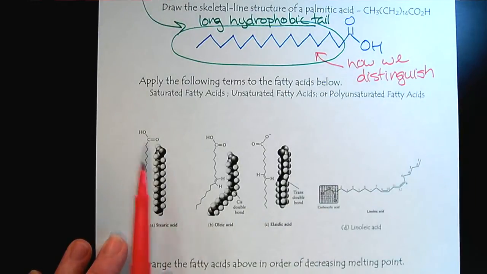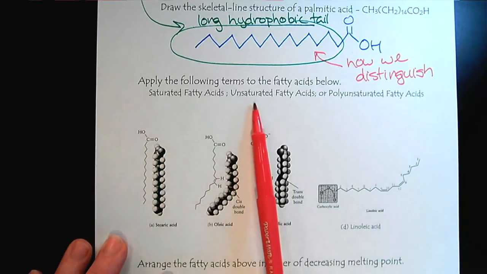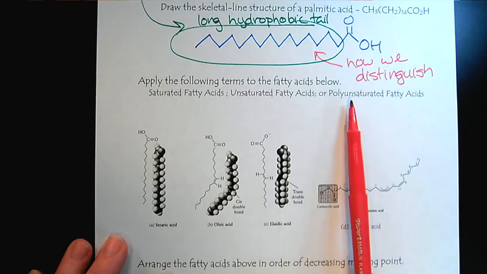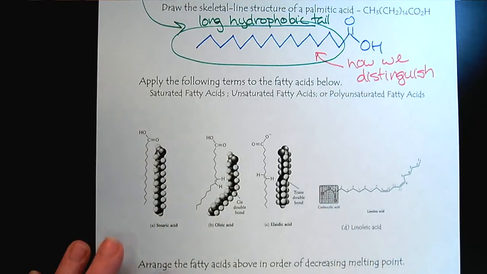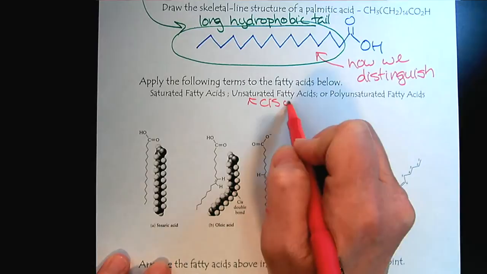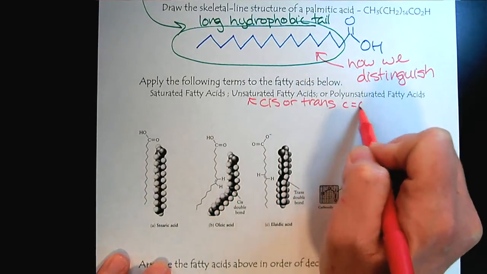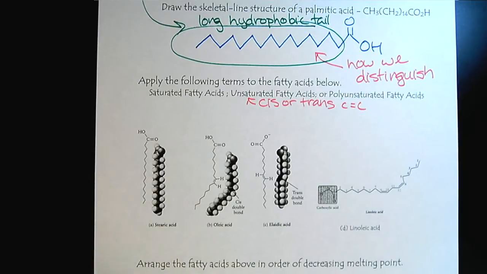So one of these fatty acids is saturated, another one is unsaturated, and one of them is polyunsaturated. And for the unsaturated, we can go ahead and make a further distinction. Does it have cis or trans carbon-carbon double bonds? Alrighty, so take a moment to describe these fatty acids, and then we'll compare answers.